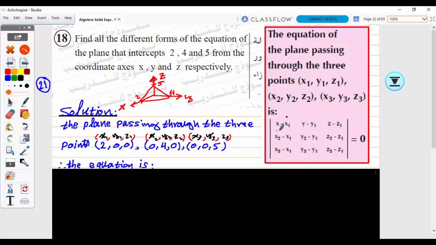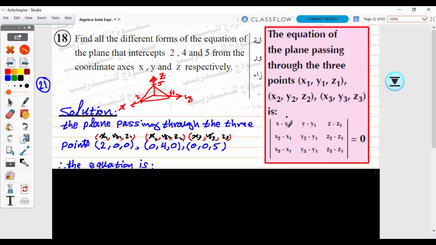Once more, the elements of the first row: x minus x1, y minus y1, z minus z1. Second row: x2 minus x1, y2 minus y1, z2 minus z1. Third row: x3 minus x1, y3 minus y1, and z3 minus z1.